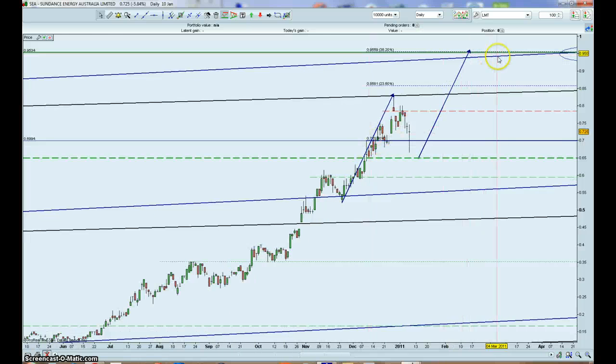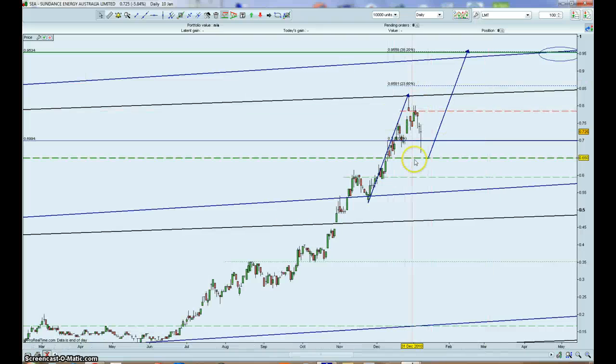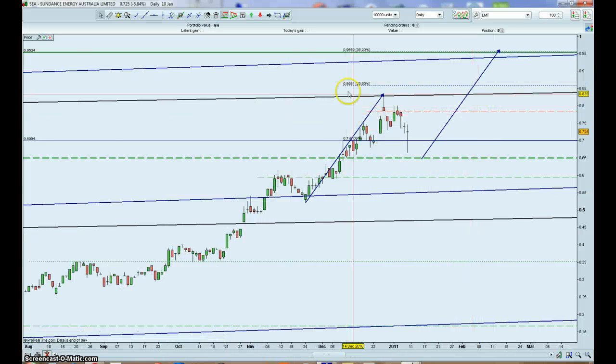So I'll just keep it simple, because I'm still trying to get a handle on drawing the pitchforks, and it tends to get a bit spaghetti-like and cloud the basics, which are the fibs and your stochastics.